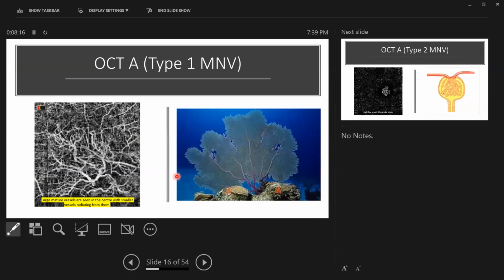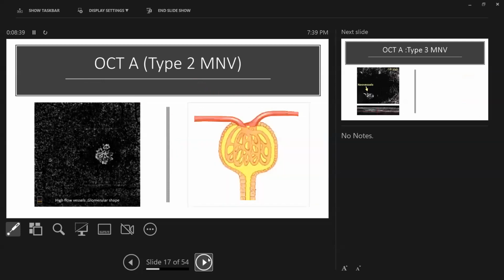Okay, what's the importance of OCTA in wet AMD? We can identify different types of macular neovascularization through OCT angio. Type 1 MNV usually looks like a fan configuration, as we can see here. So sometimes OCTA will be helpful to identify the types of MNV.